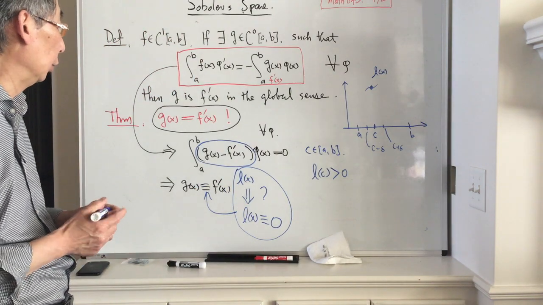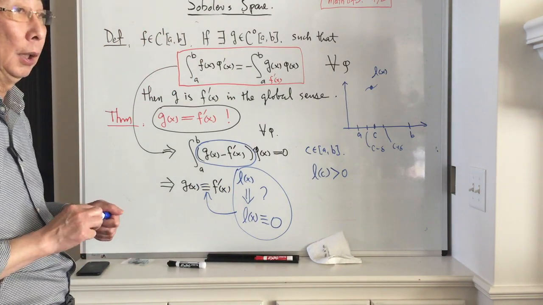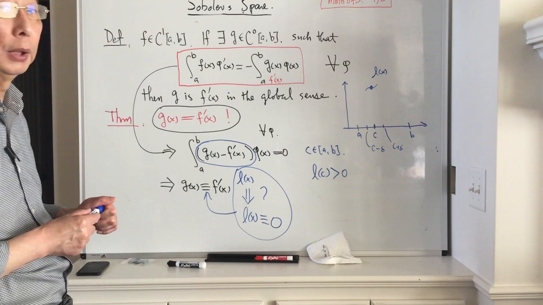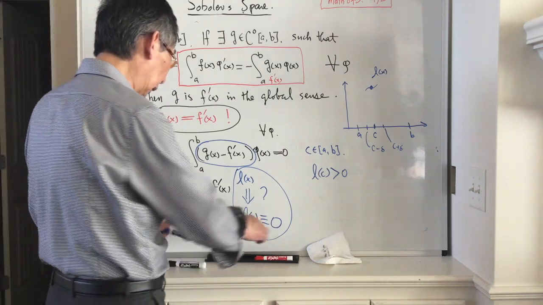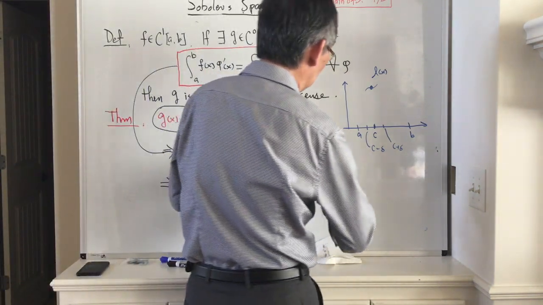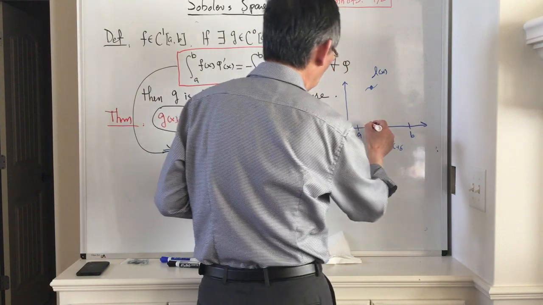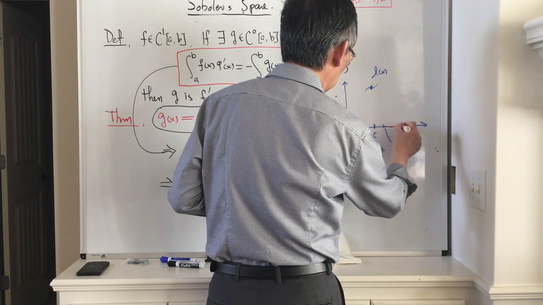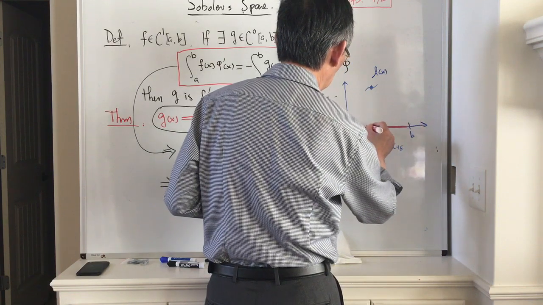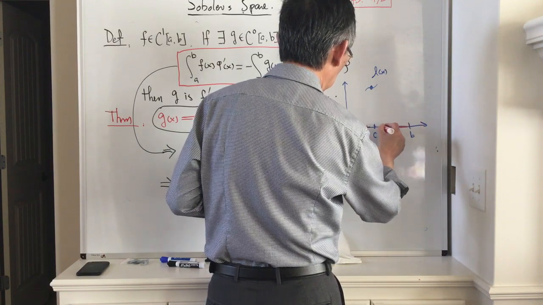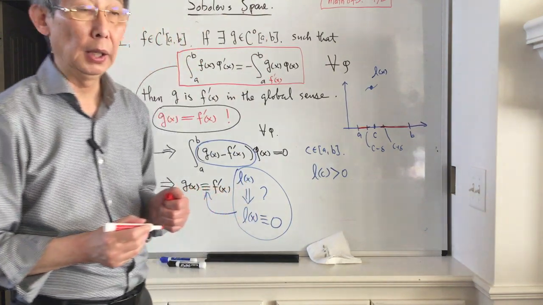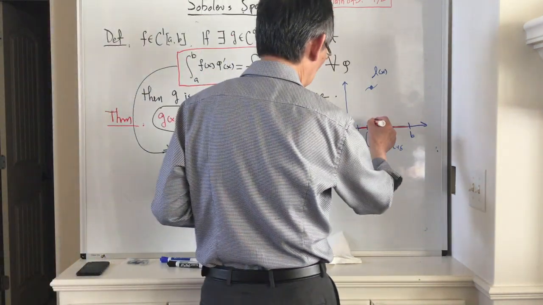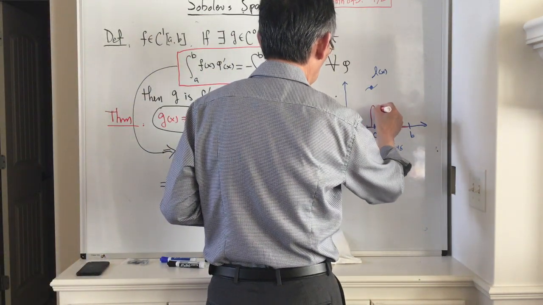Now I'm going to choose a phi properly to reach that contradiction. So how do I select the phi? I'm going to select phi like this. I want the phi to be always equal to 0 outside. Phi equals 0, and then continuously goes inside a little bit, and then the phi will stay positive like this.